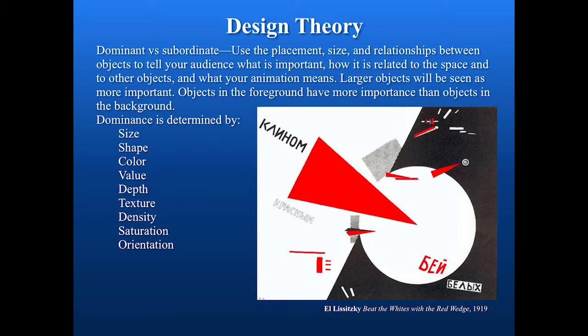Value: black, dark, falls back; white comes forward; red, strong, also comes forward. Depth, texture, saturation: how saturated is the image, how saturated is the color. Orientation: in the foreground, the background, the left, the right, up, down, in relation to each other.